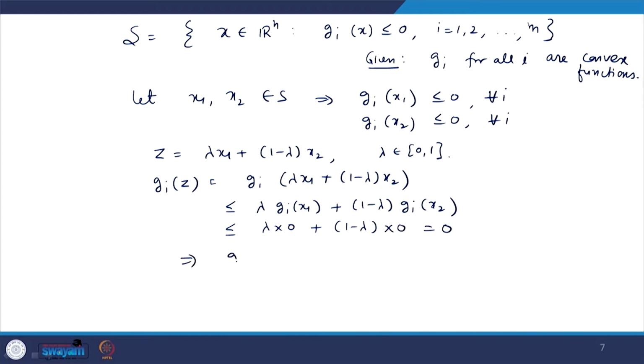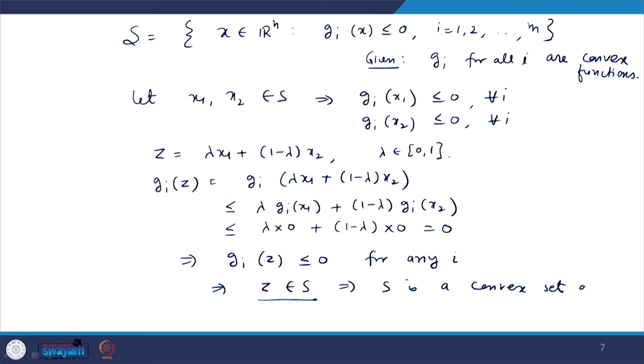So this implies g_i(z) is less than or equal to 0 for any i, and this implies z belongs to S, and this implies S is a convex set in R^n.